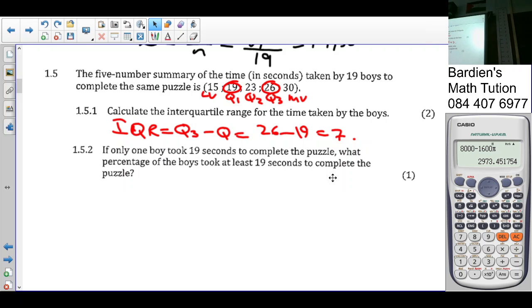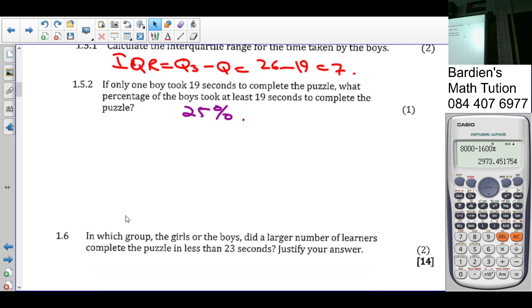So in other words, they ask you how much percent of the data is it from this point to the lowest value? I just explained it. That was your quartile 1, that has to be 25%. 25% of the data. Okay.